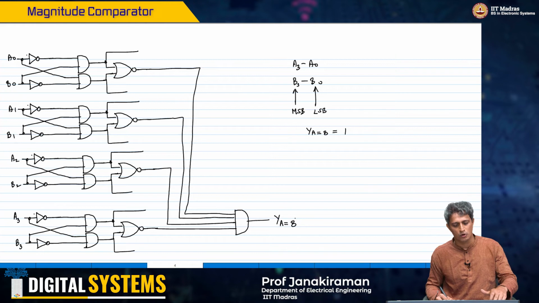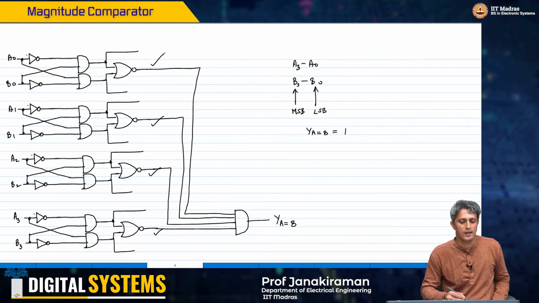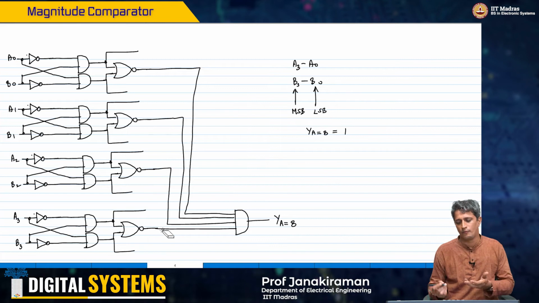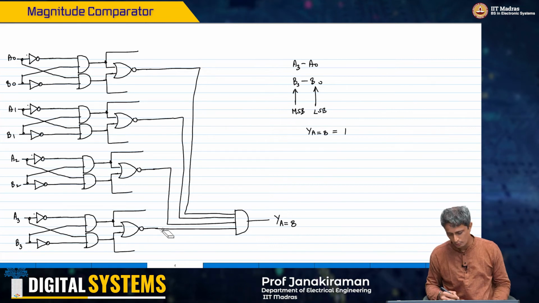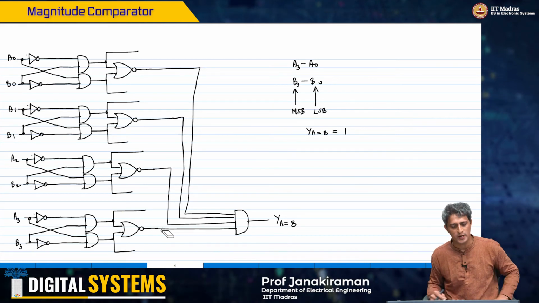Because if A3 equal to B3, then this signal goes high, this signal goes high, this signal goes high and this signal goes high. And if all 4 of them go high, obviously then A equal to B. So that is the first condition that is easy to implement.